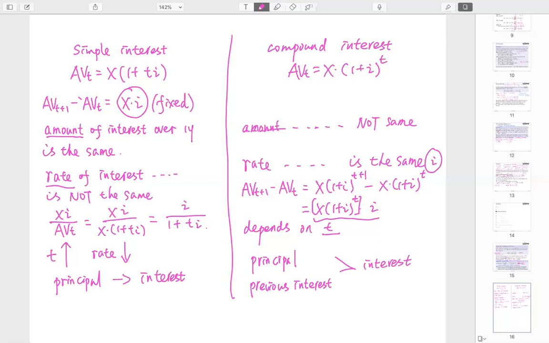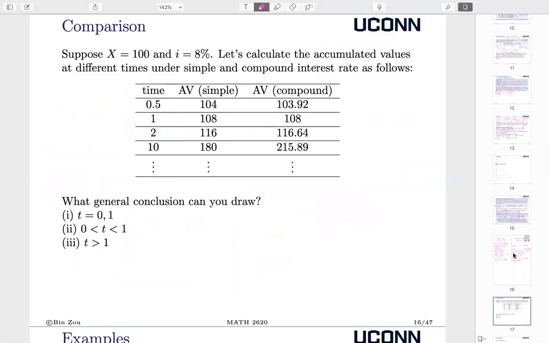So that is why the amount is not the same, because your base here is becoming bigger and bigger for a larger amount of time, right? So that is, I would say, this comparison table is very important for you to understand the difference between simple interest and compound interest.